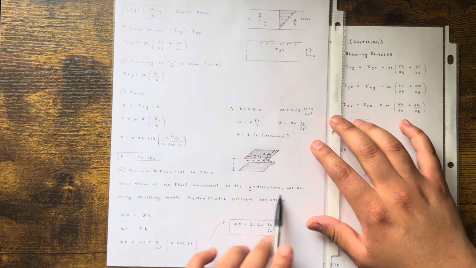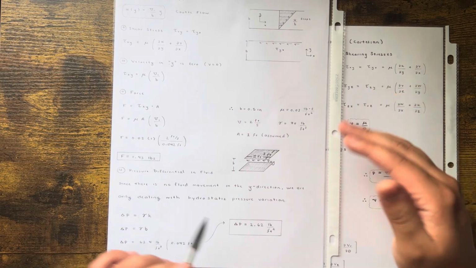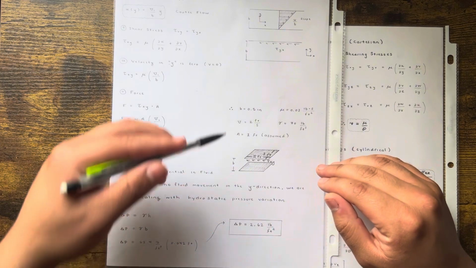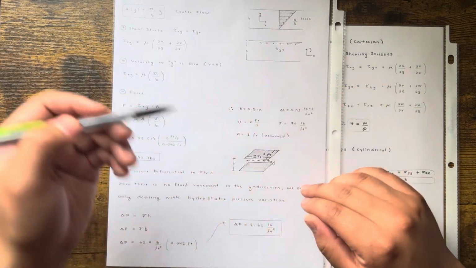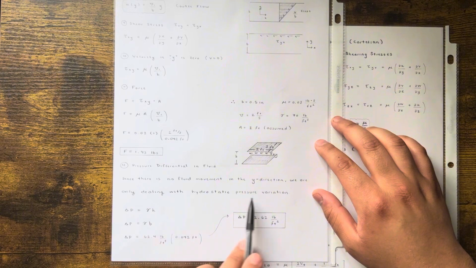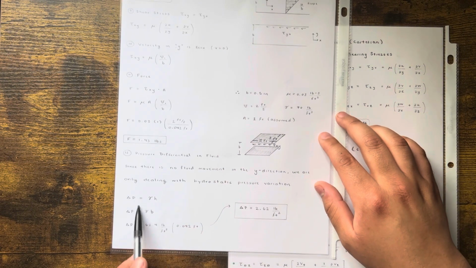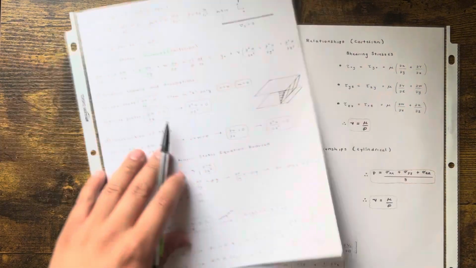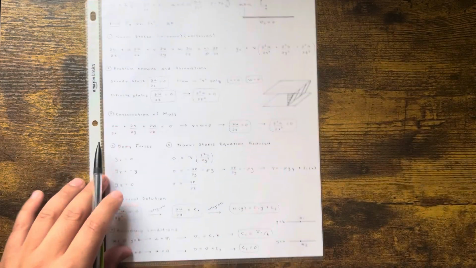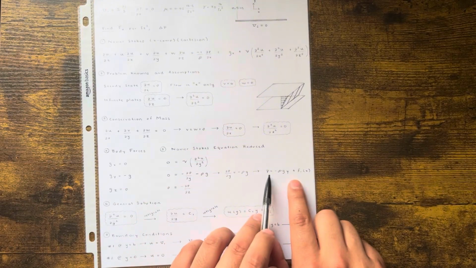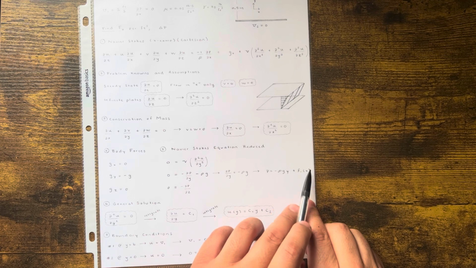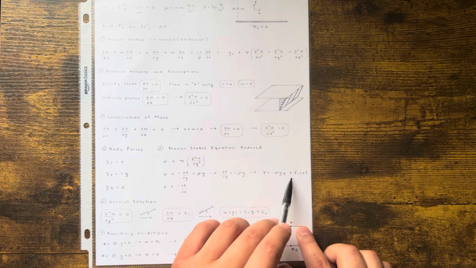And I kind of wrote here a little note for you guys. Since there is no fluid movement in the y direction, right? It's all in the x direction. We're only dealing with hydrostatic pressure variation. And yeah, the pressure, remember from this side, let me move this over here. Remember this? So the statement that I just added, there is no F1x.